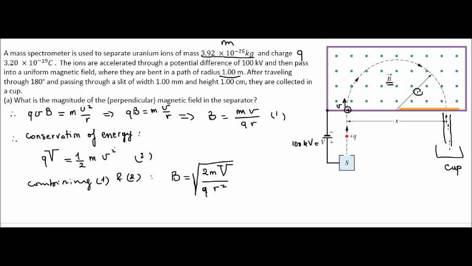Or you can just calculate v, since you have q, V and the mass, and plug it in to get B. So it's not required to get this formula. If you do the numerical application, you get B equal to 0.495 Tesla. Well, we can round it to 0.5 Tesla. That's almost half a Tesla. Okay, so that's the solution for question A.